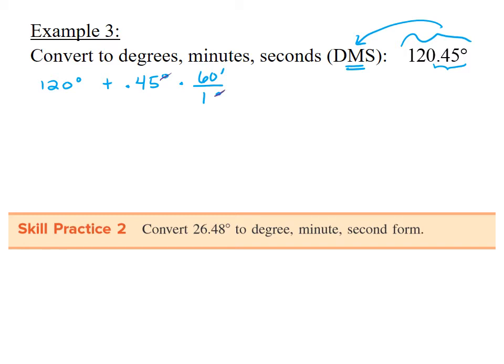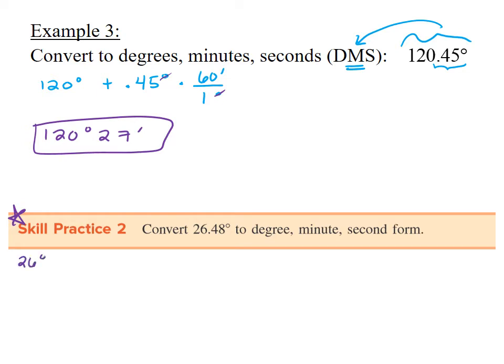Well, it turns out that this multiplies nicely, and this leaves me with 120 degrees and 27 minutes. Now, this next example, the skill practice 2, this one's a little more complicated, and I'll show you why. Same approach as what we just did.